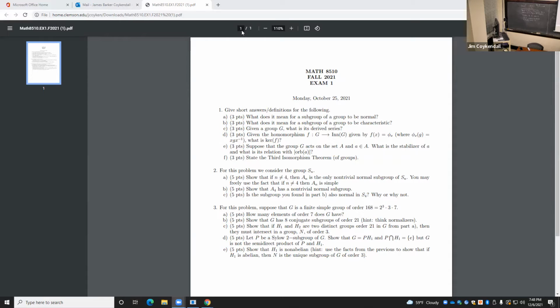And so if the normalizer in G of N is exactly 21, that means N is normal in H1. Yes. If it's abelian, yeah. All right, I don't know why I didn't think of this earlier.